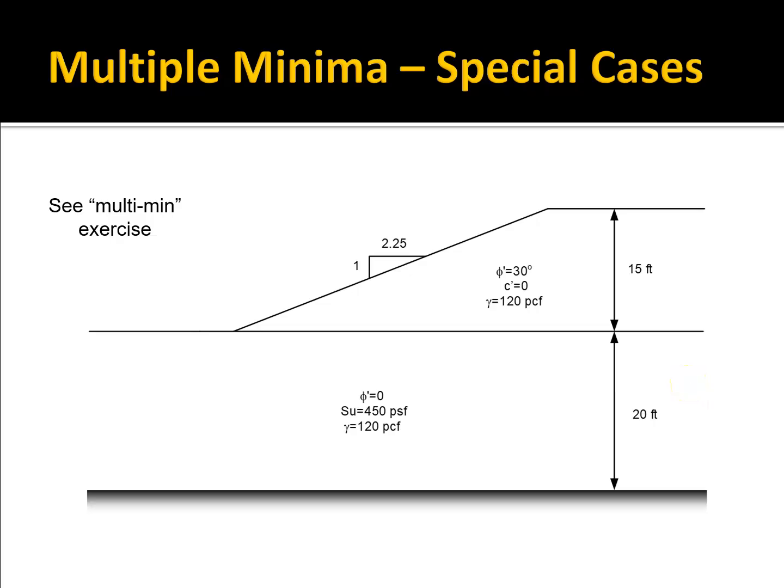And so this is one of the exercises that we'll go over in our in-class exercise. But you'll encounter a number of cases like this, and so the bottom line is just make sure you try a variety of starting locations, typically at the bottom of each layer and then through the toe of the slope if you haven't done that with one of the layers.